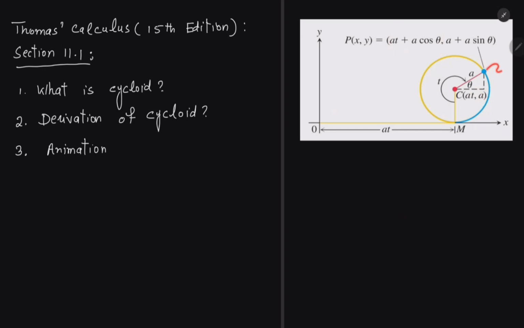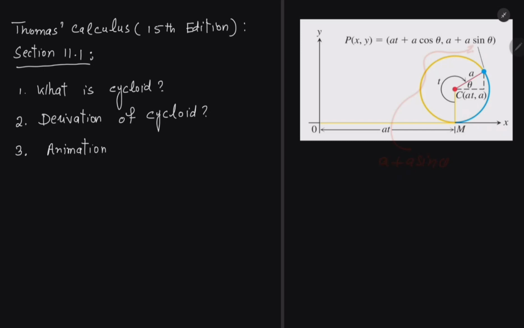Similarly, for the y-axis, the y component contains two things. One is this one, and another is this one. This whole actually makes the point P. For this, we have a y component, which is a, plus a sine theta according to the law. So that will be a plus a sine theta, and this is the y component over here.